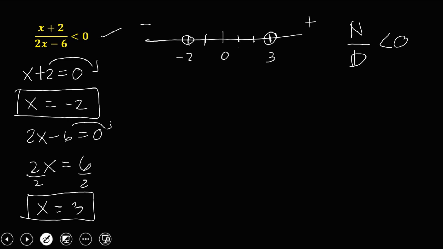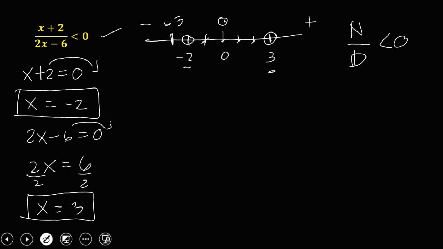And to get the test numbers, before the first critical value, that's negative 3. Then between the two critical values, we can use negative 1, 0, 1, and 2. But it's easy to solve an equation if x is equal to 0, therefore just pick 0.